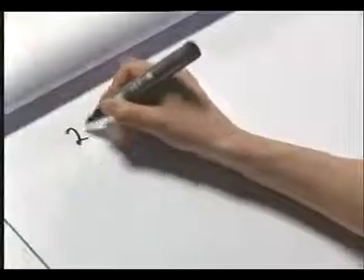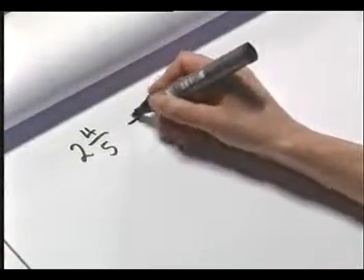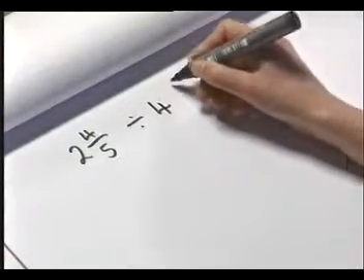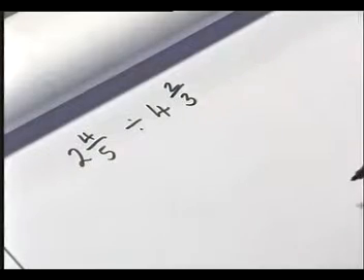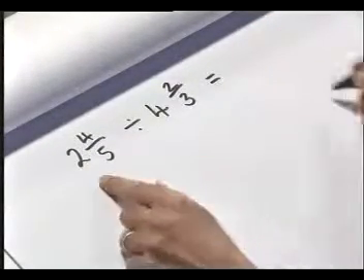And another example, 2 4/5 divided by 4 2/3. We need to turn these into improper fractions.